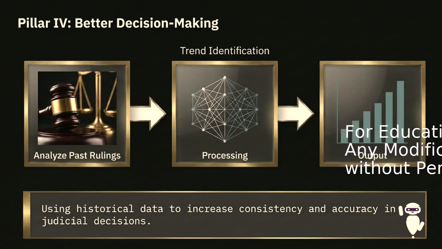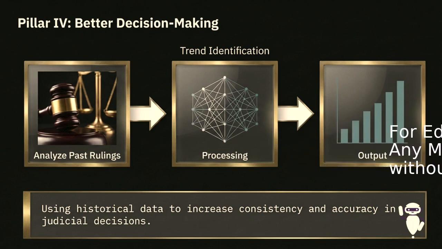With AI, it can show the tendency of previous decisions, and then we can compare it with the tendency of the case at the moment. So we can decide whether to align with the previous cases or to break the rule and do it a different way.